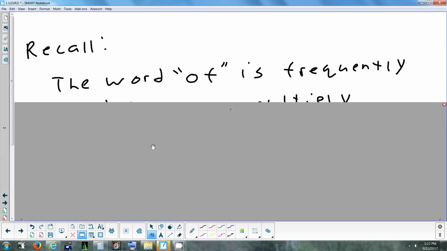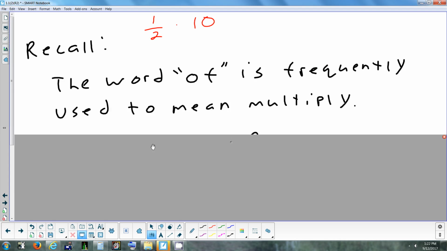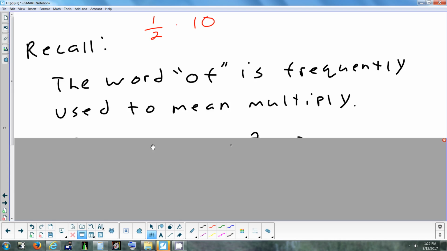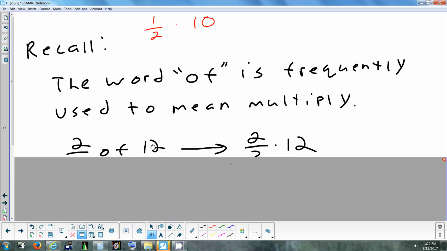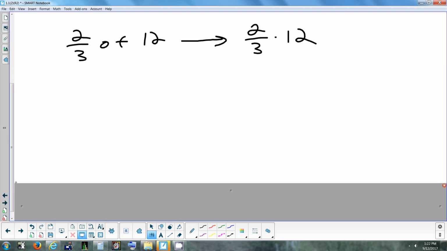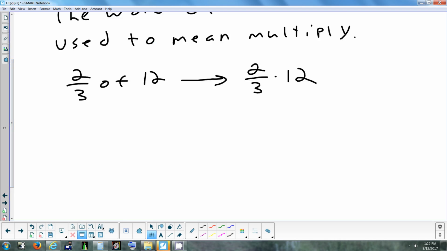Half of 10 times. So the word of means multiply. Like if I said 2/3 of 12, you replace the word of with multiply. So the word of means multiply. Any questions on that? Okay.